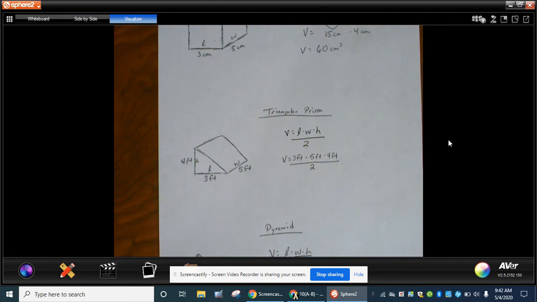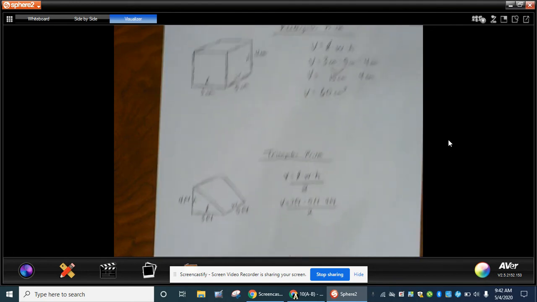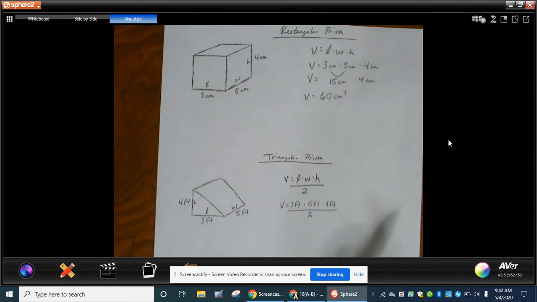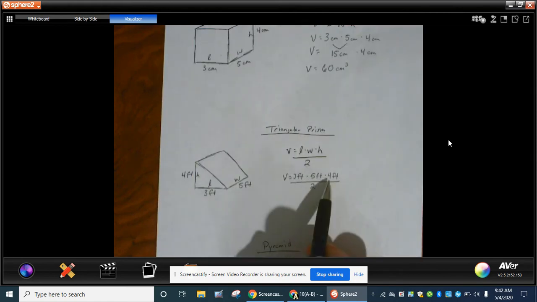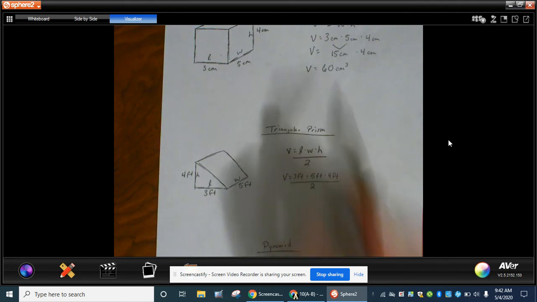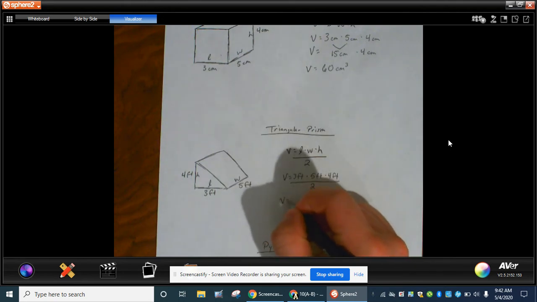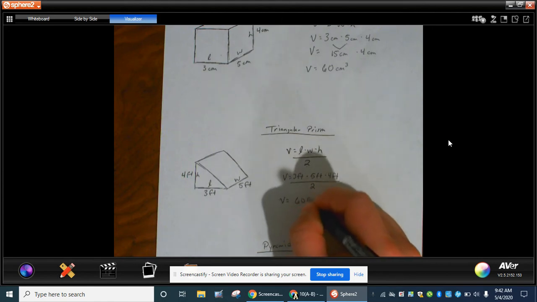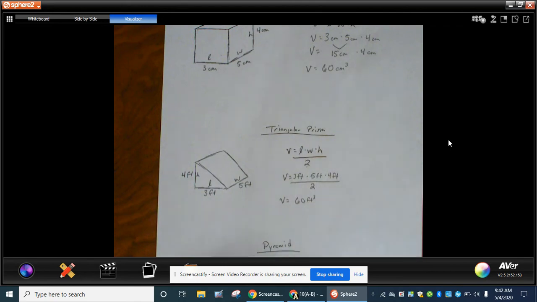Now, if you remember, just above here, we've done pretty much the same dimensions. We've got 60 cubic centimeters. So 3 times 5 times 4 should give us 60. I'm going to go ahead and use my prior knowledge there, and we're going to use 60 cubic feet. Remember, multiplying 3 dimensions, so got to cube it.